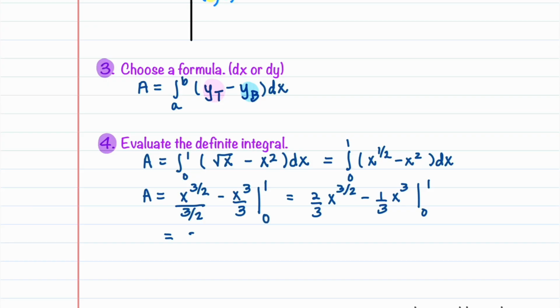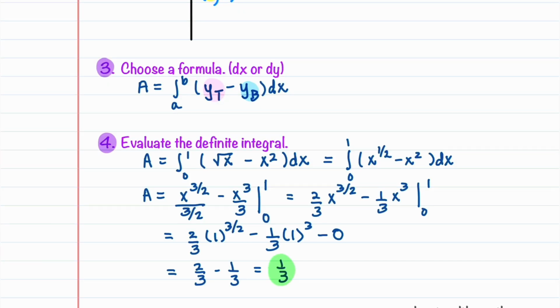This gives us 2/3 times 1 to the 3/2 minus 1/3 times 1 cubed, and then we subtract 0, and that's always nice. This then is equal to 2/3 minus 1/3, and we get a value of 1/3. The area of the region enclosed by these two curves is equal to 1/3.